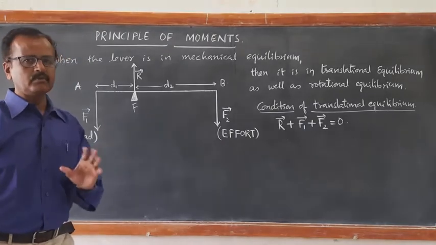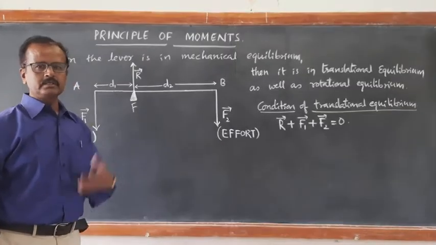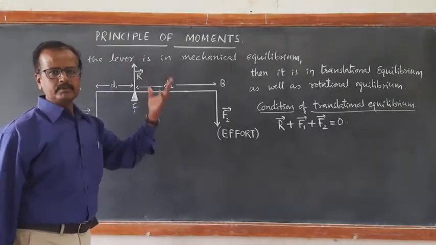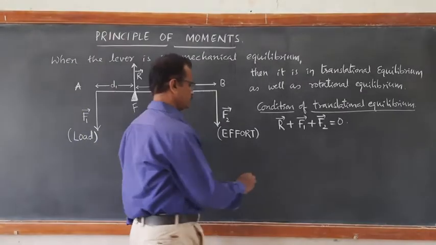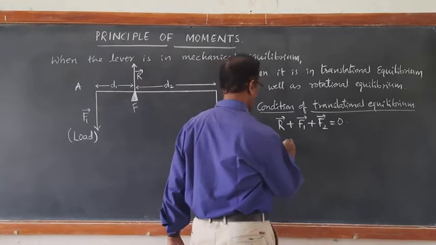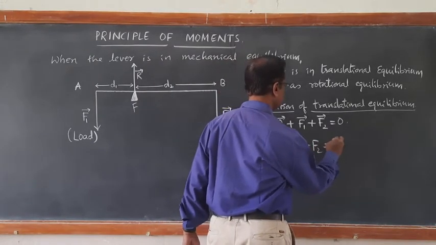Now let us consider only the magnitudes. F1 and F2 are acting vertically downwards, therefore we can take them negative. And R is acting vertically upwards, we can take it positive. Therefore, in terms of magnitudes, it becomes R minus F1 minus F2 equal to 0.